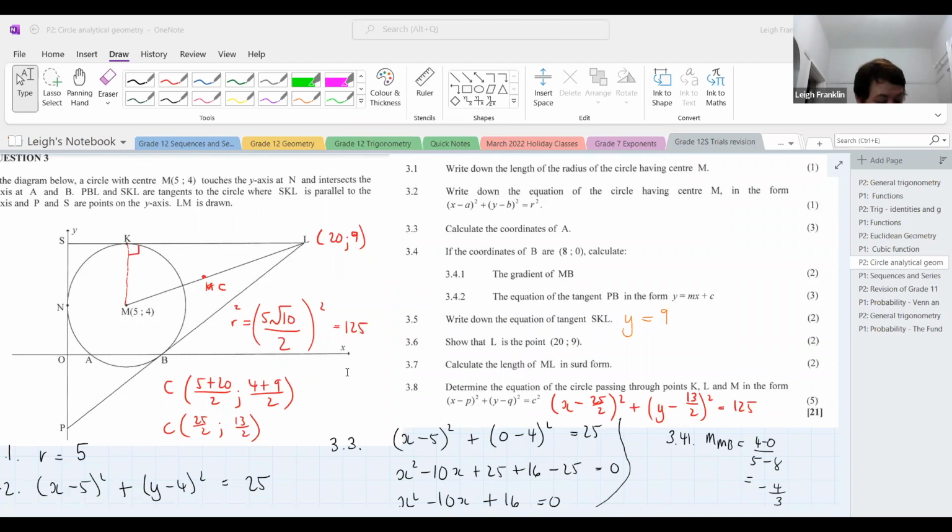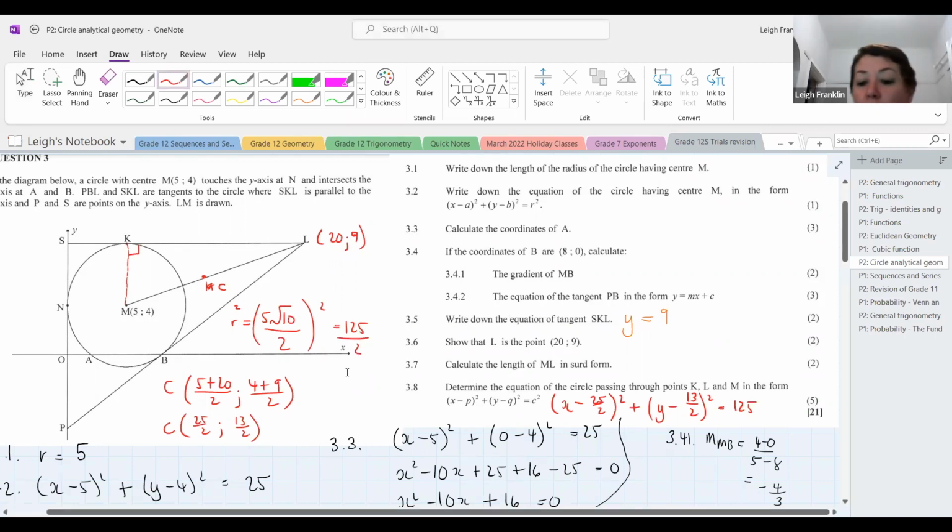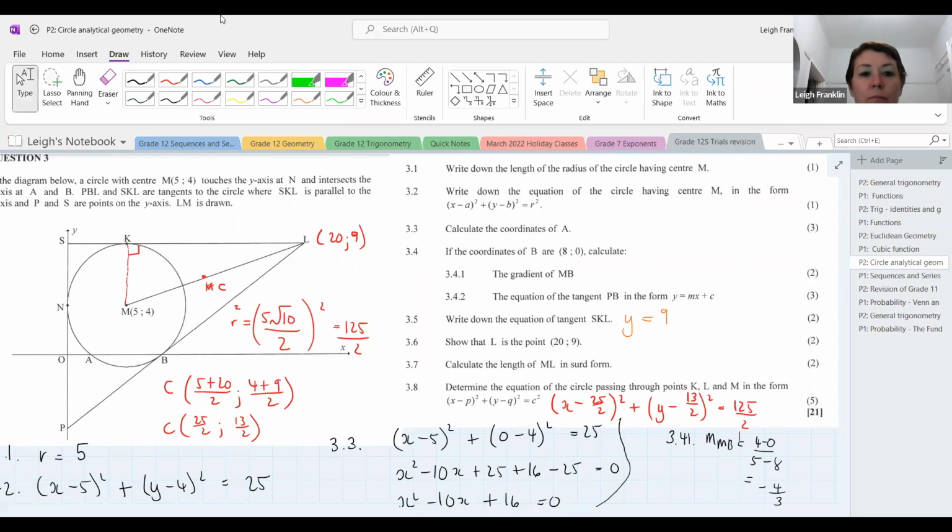Not that that's an excuse, but anyway, 5 root 10. Sorry, I got 100, it's 125 over 2. There we go. Sorry, I forgot about the denominator. Yes. Okay. There we go, Kulani.